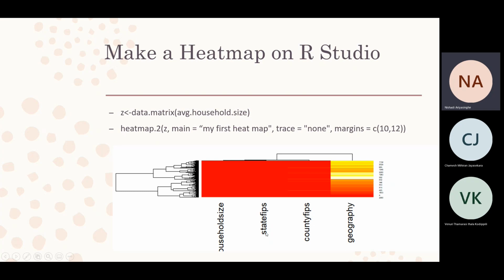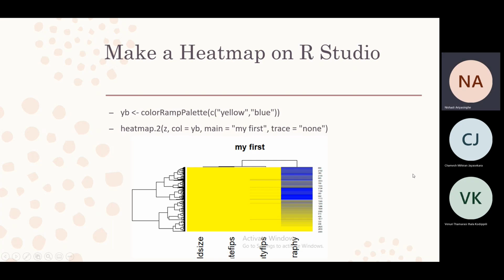These are the ones which are there as column names in the data set. And these are the values, right? These are the values which come under the heat map, the values which are there in the file. So this is how you can create a heat map, right?